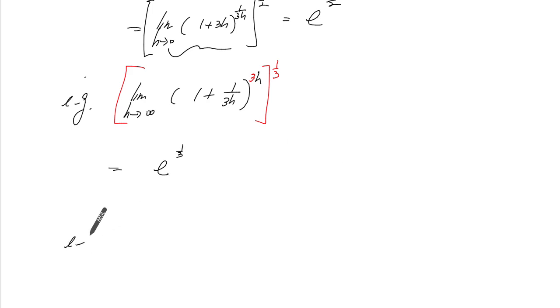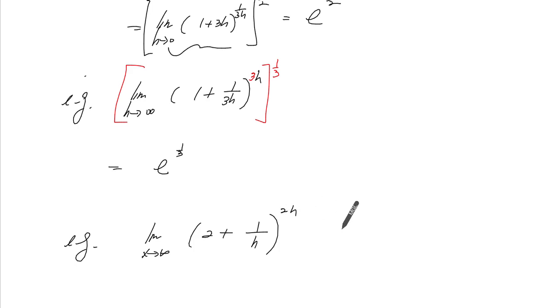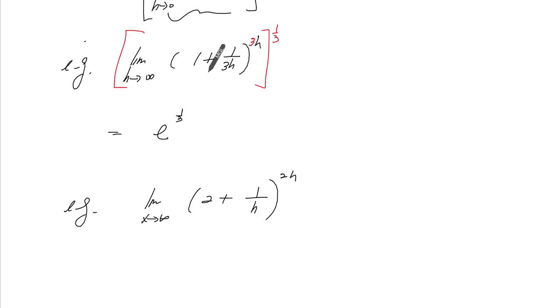Okay, last example. Change to x approaches infinity. Let's say we have 2 plus 1 over h to the power of 2h. Here I changed the 1 to 2. So how do we deal with that? We actually need to factor out that 2. When you do, you get this.